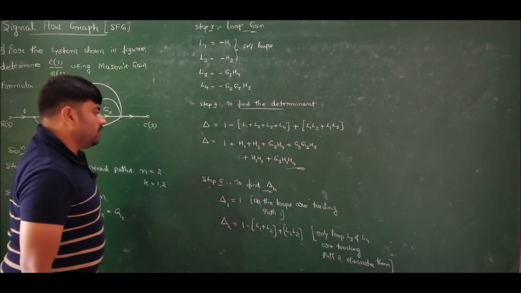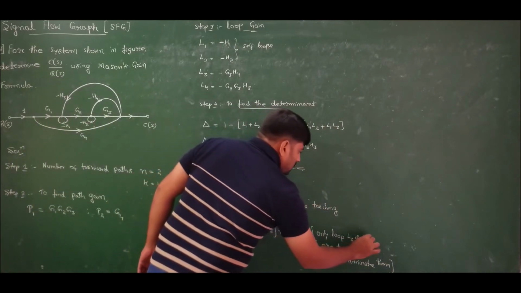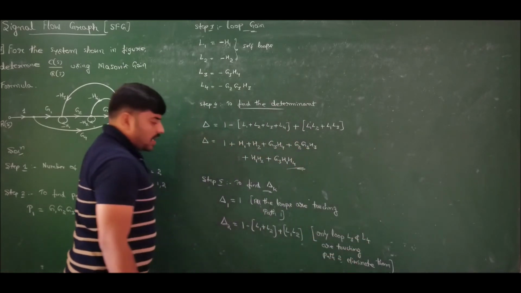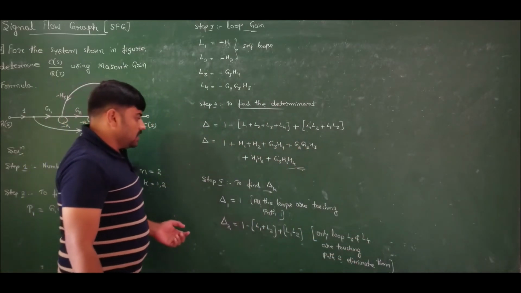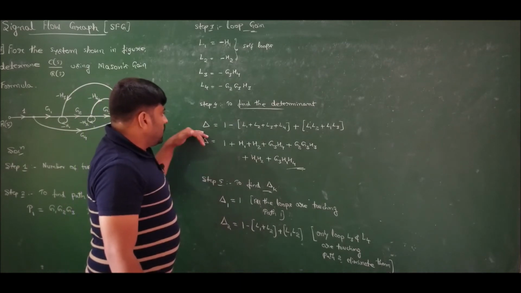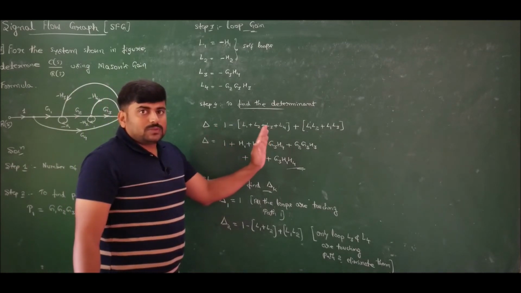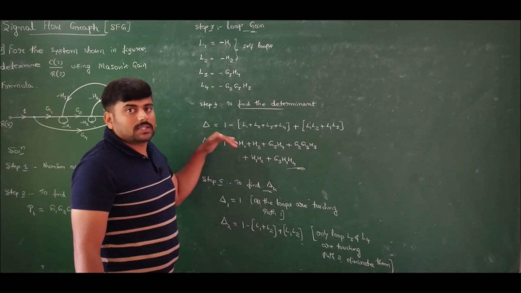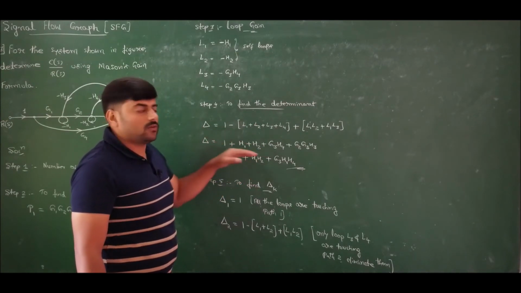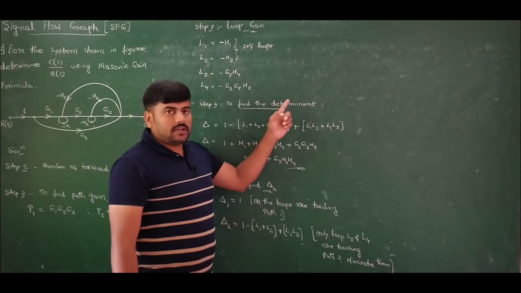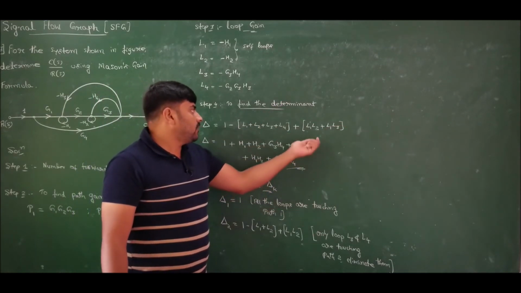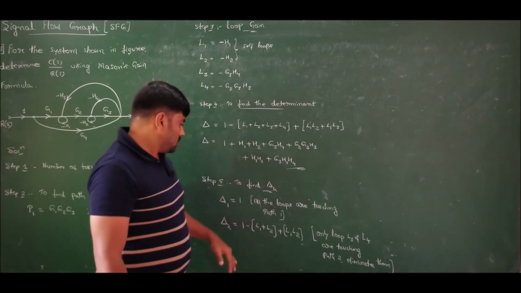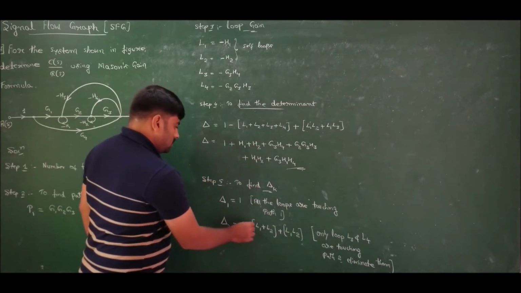So only L3 and L4 are touching path 2, so therefore eliminate L3 and L4, whereas L1 and L2 are not touching path 2. So delta 2 is the value of delta after eliminating the loop gains of the loops which are touching path 2. If I eliminate L3 and L4, here also if I eliminate L3, I am left with L1, L2, here I am left with L1 plus L2. So that's what I have written here.